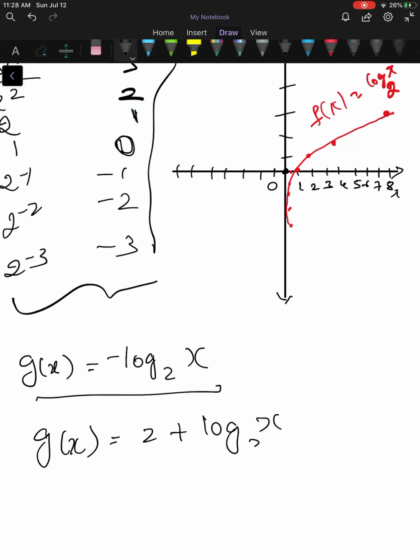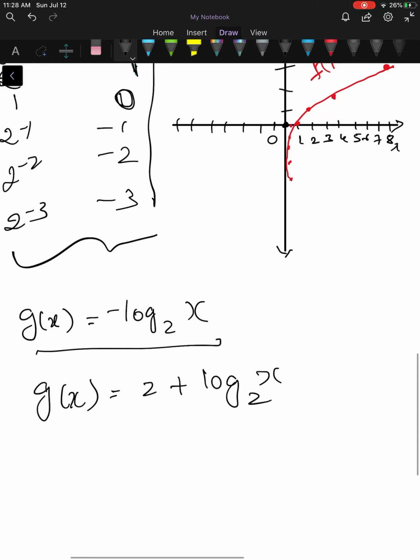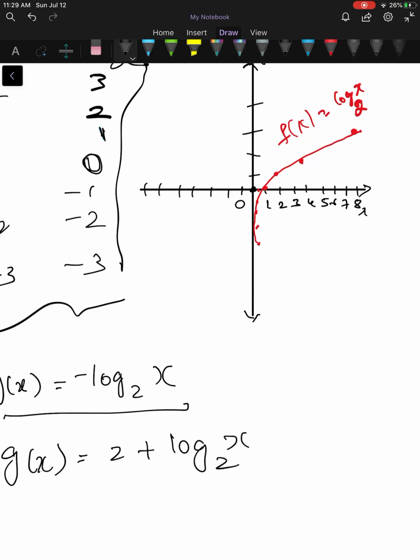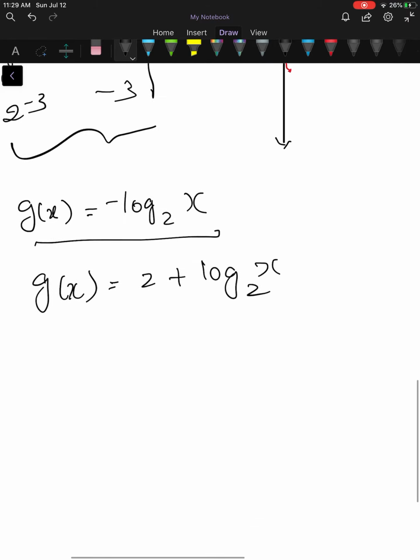That is, if you have g of x is equal to 2 plus log x to the base 2, see here you are obtaining g from the same above graph. That is, f of x is equal to log x to base 2, shifted upwards by 2 units.